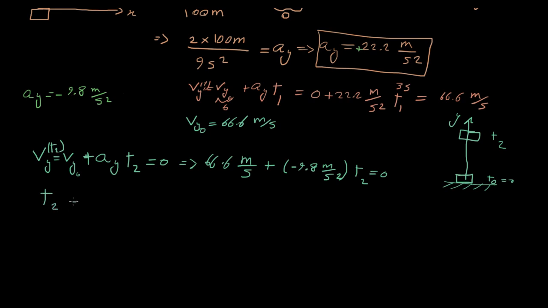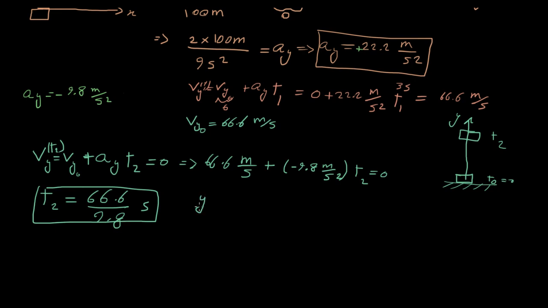Therefore t2 is equal to 66.6 divided by 9.8 seconds. I just took this to the other side, then divided both sides by 9.8 meters per second square. So this is t2.